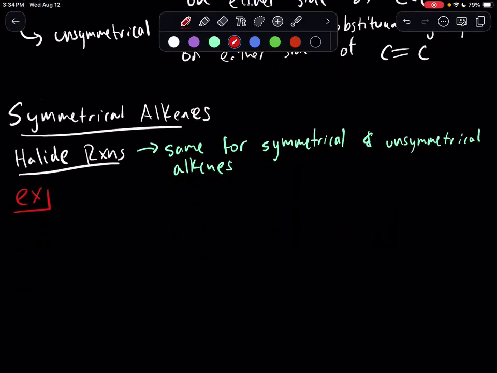How do we actually explain what's going on? I hinted this in the video about addition reactions before, but now we know a little bit more about the formation of carbocations, and we can explain this a little more clearly. So let's just look at a simple thing like butene, and we will add it to chlorine.